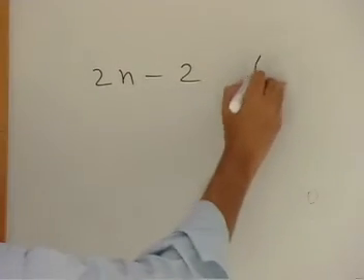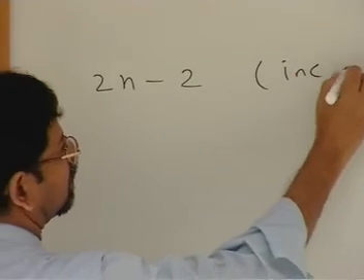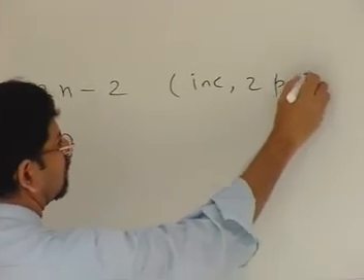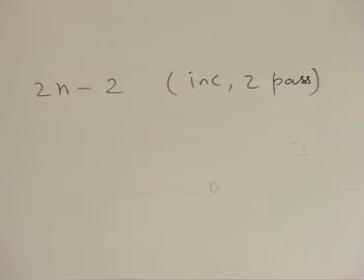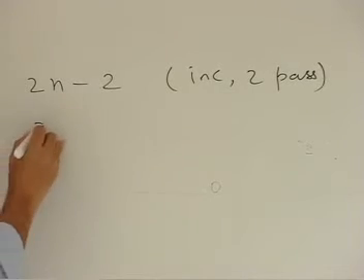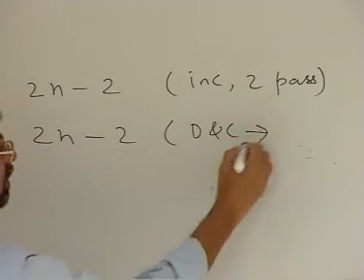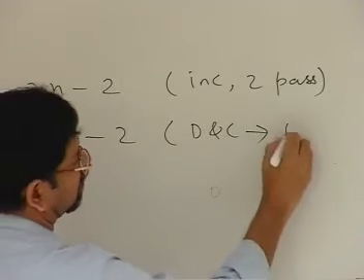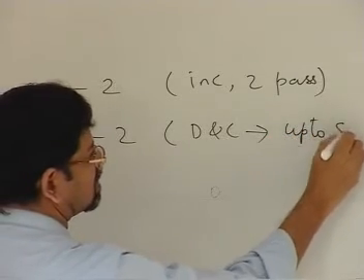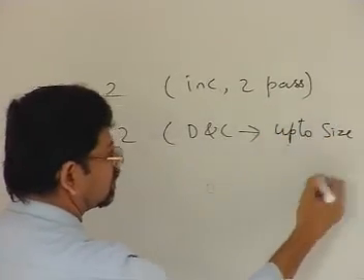This is incremental. The 2-pass algorithm had 2n minus 2. Then I had a divide and conquer which is also 2n minus 2, but split up to size 1.